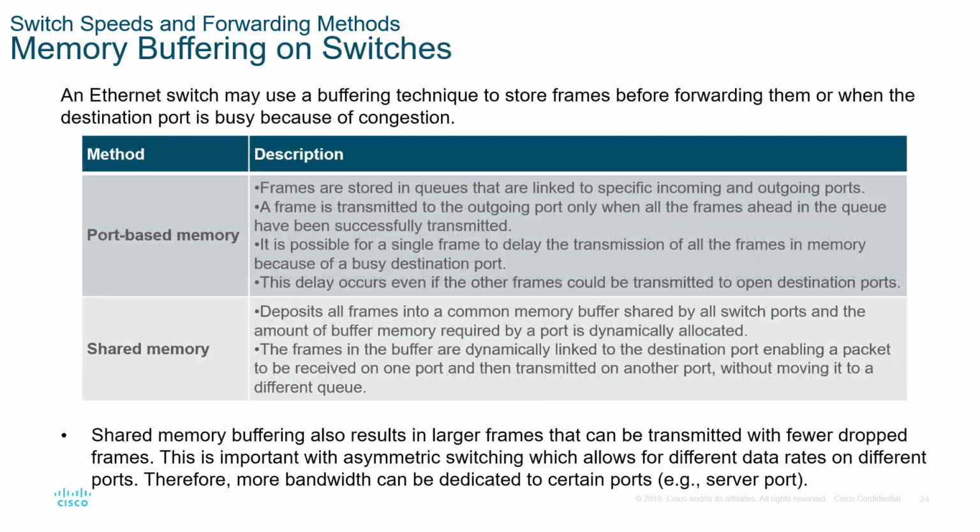Memory buffering on switches. This is very important. We are not there yet, but we will learn about the specifications of a switch. We were talking about store and forward. Now we talk about CPU utilization, processing.